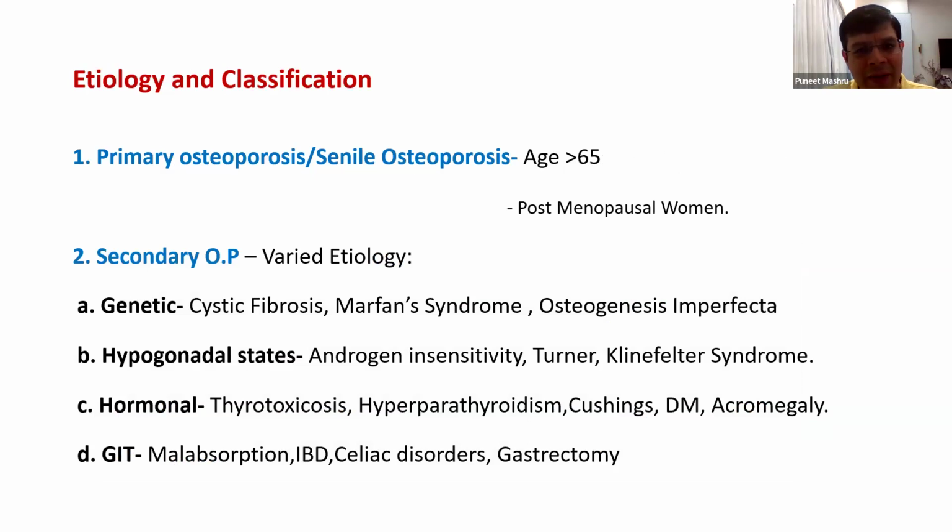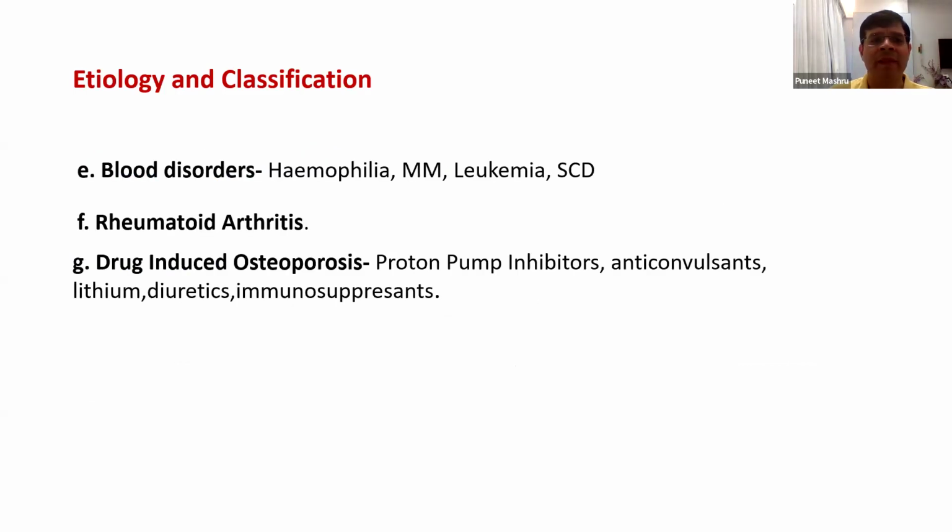The etiology can be primary osteoporosis, in postmenopausal women and elderly individuals, or secondary causes, which can be because of some genetic abnormalities, hypogonadal states, hormonal endocrine issues like hyperthyroidism, hyperparathyroidism, diabetes, GIT abnormalities like inflammatory bowel diseases, malabsorption syndrome, celiac disorders, and some blood disorders like hemophilia, leukemia, myelomas, and obviously rheumatological conditions like rheumatoid arthritis, and drug-induced osteoporosis.